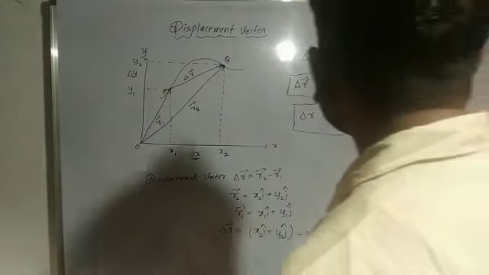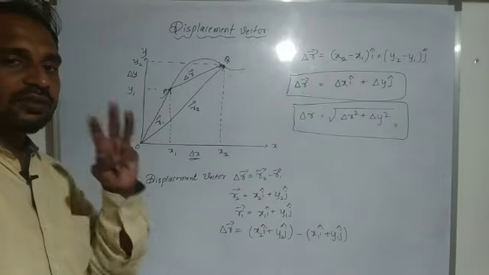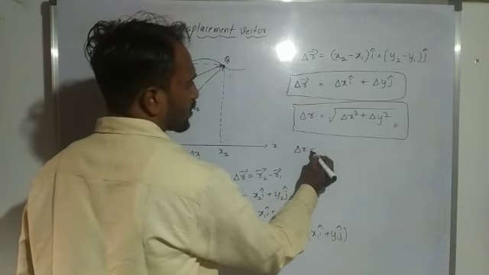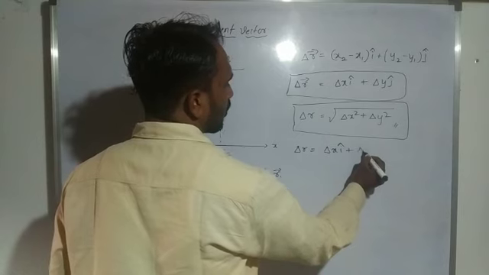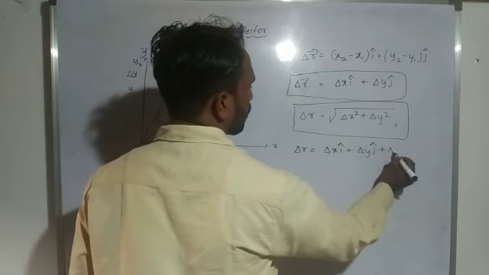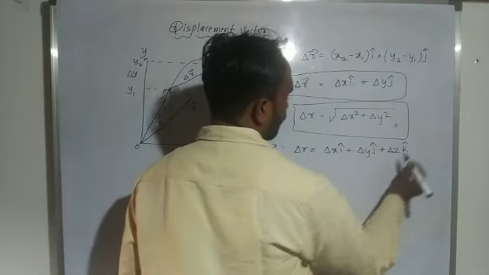Suppose the particle is present in space, so here we consider three dimensions. Then delta r is equal to delta x i cap plus delta y j cap plus delta z k cap.